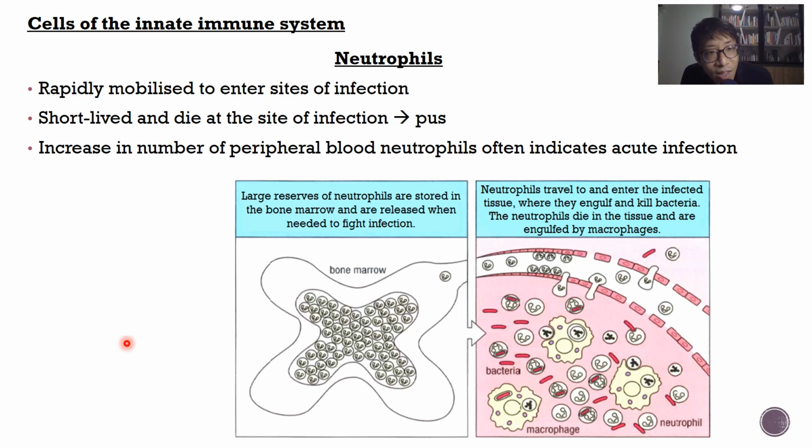And when we can detect an increase in the number of neutrophils in the peripheral blood, the blood at the surface of our body, that usually indicates infection, very acute infection or entry of bacteria and other pathogens. Yeah. So that would be neutrophils.